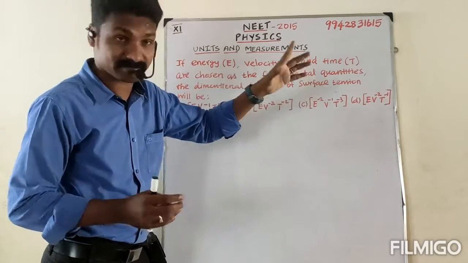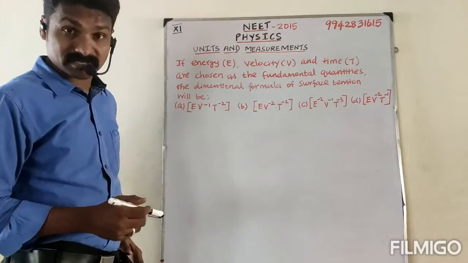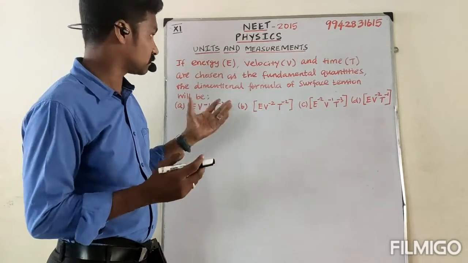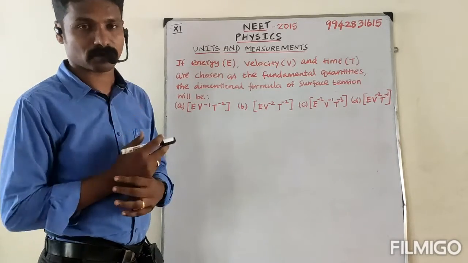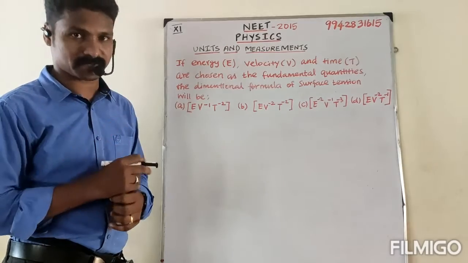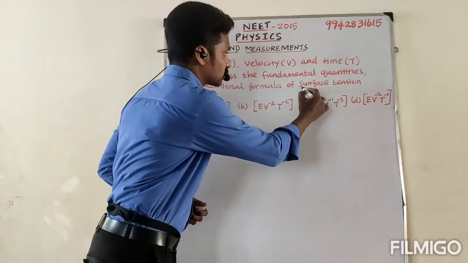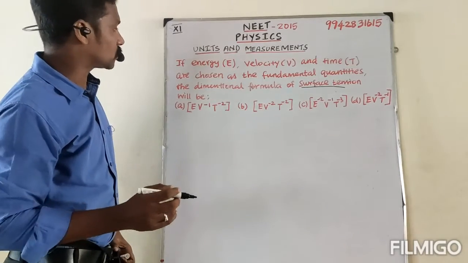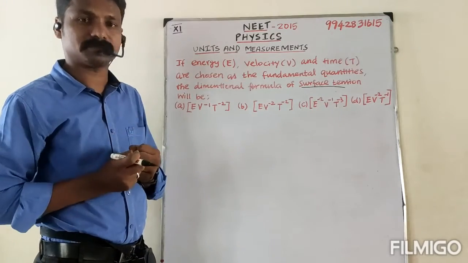But they are asking for the surface tension. This is for 11th standard students, from the mechanical properties of fluids chapter, where we are going to study surface tension. Simply put, a liquid surface minimizes its area.